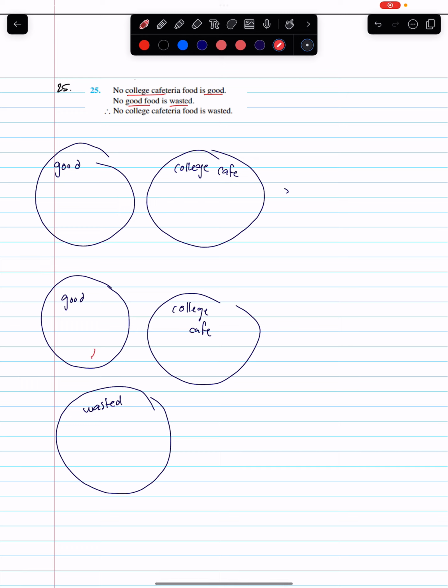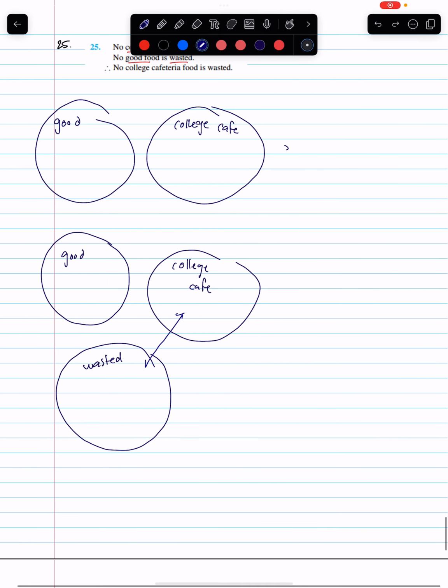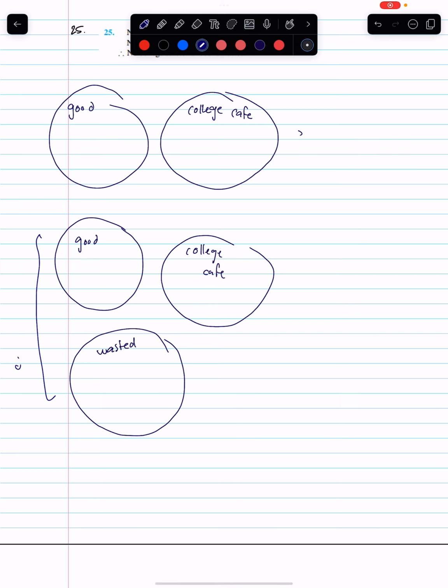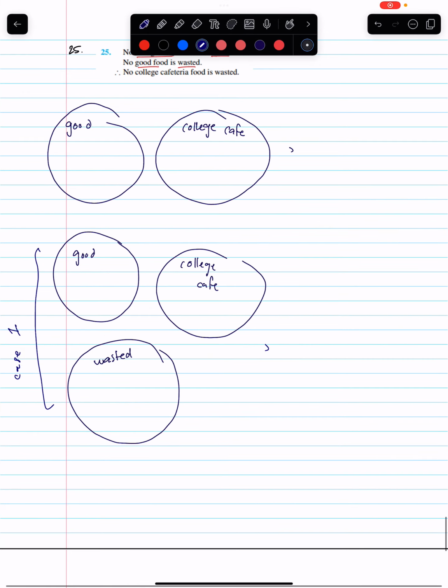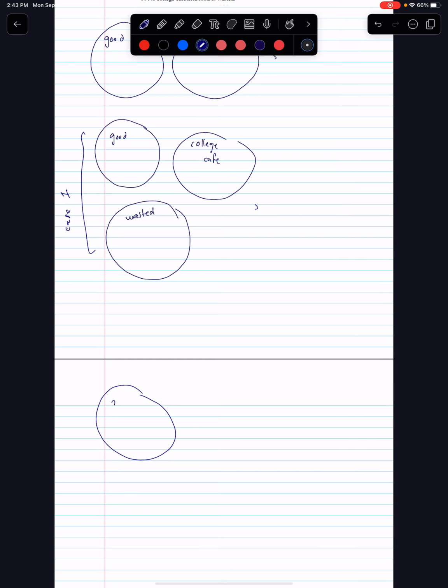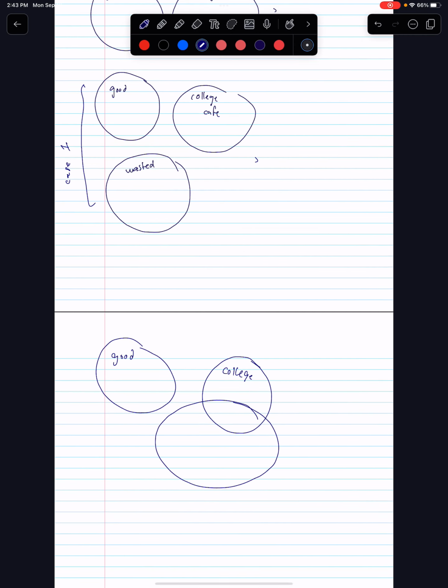So these two circles are independent of each other. But what we don't know is whether these other two circles are independent of each other. So this is one case. That can happen, right? That's one scenario. But it could also be this case. There could be good food, college cafe food, and wasted could intersect.